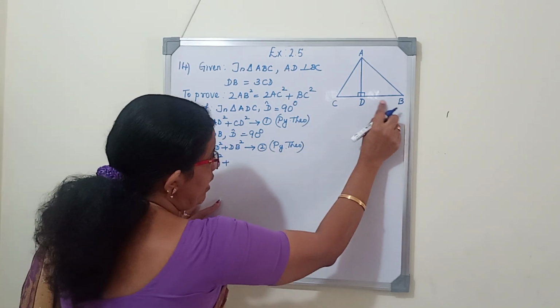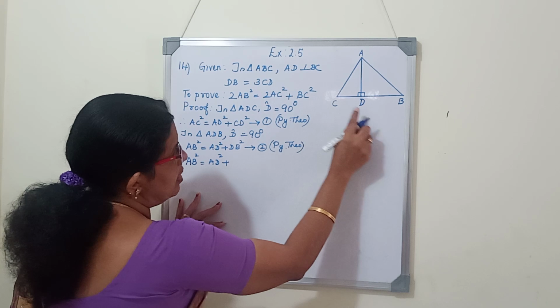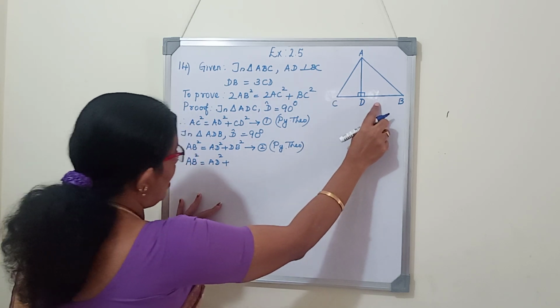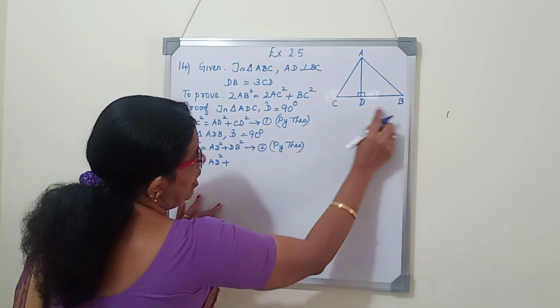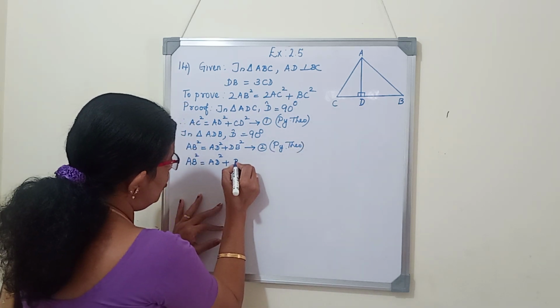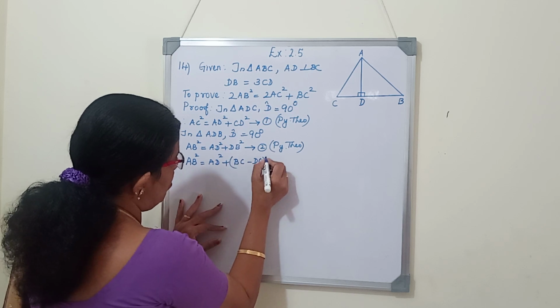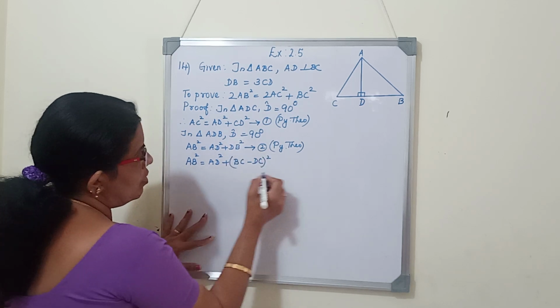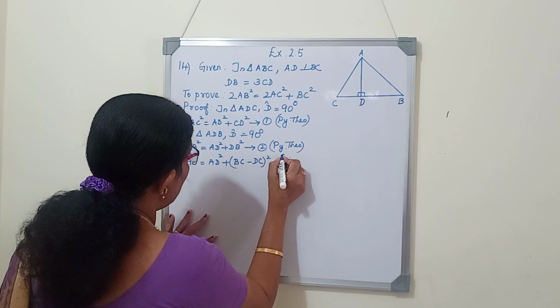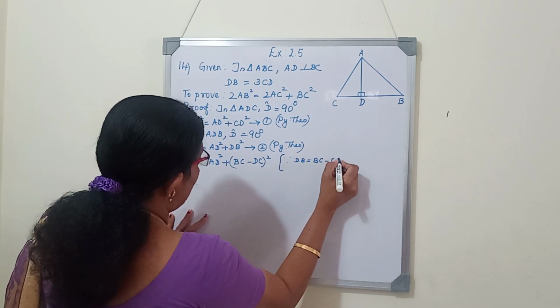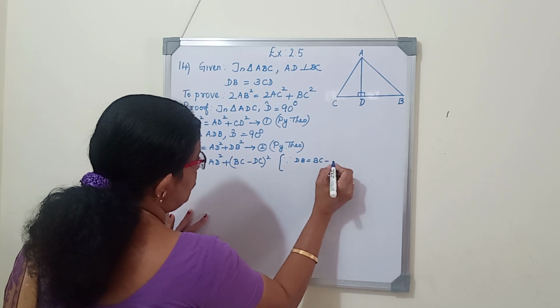So we can write DB in terms of BC as BC minus CD. DB can be written as BC minus DC. So BC minus DC the whole square. Here the reason is DB equals BC minus CD or DC.